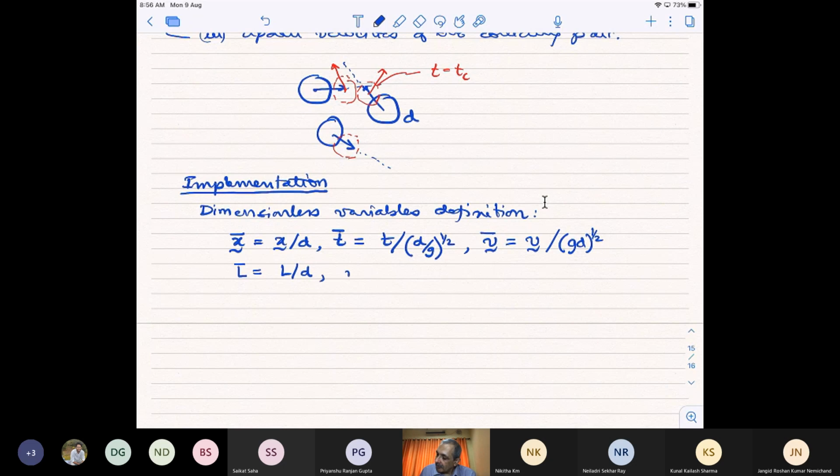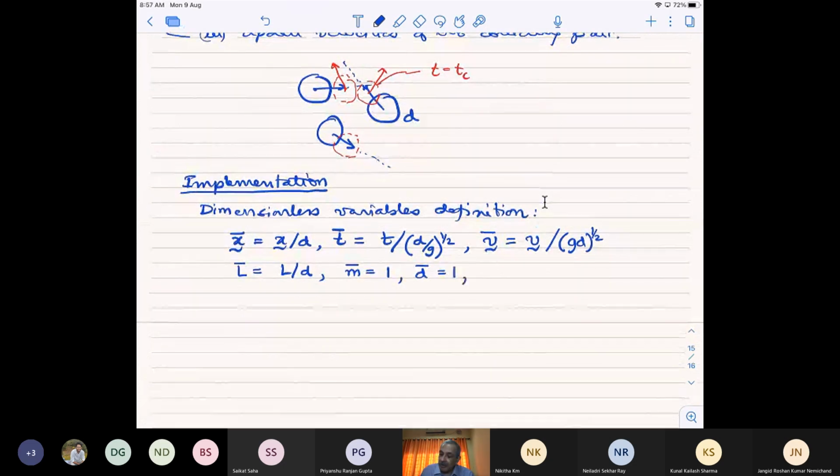We take the mass to be just 1. That is, the characteristic mass is equal to the mass of a particle, m. The characteristic distance is the diameter, so the dimensionless diameter is obviously 1.